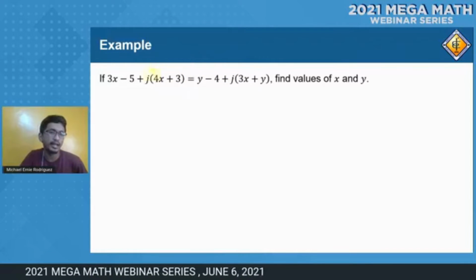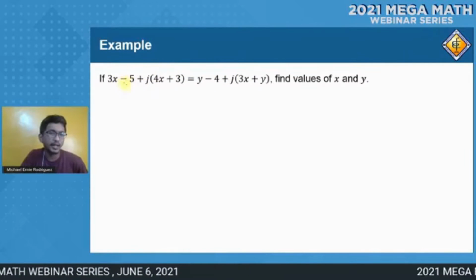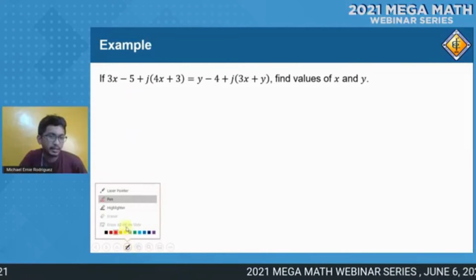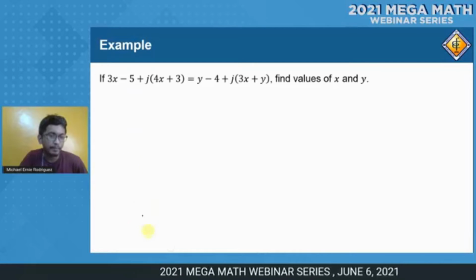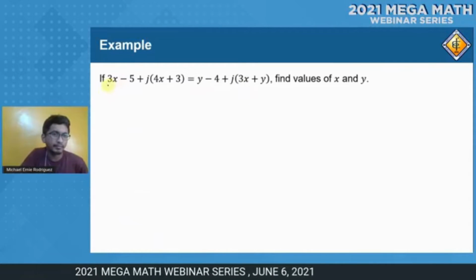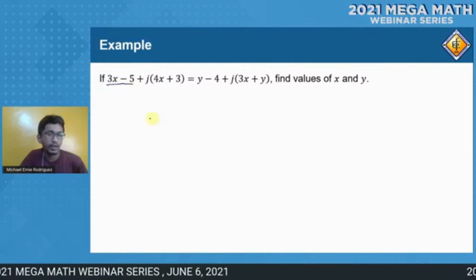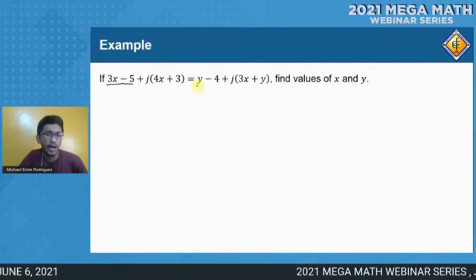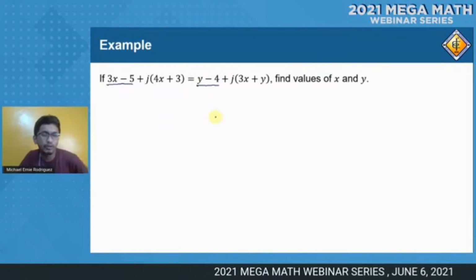So, from this given, on the left side, yung 3x minus 5, this is the real part on the left side, while on the right side, yung real part natin is itong y minus 4.